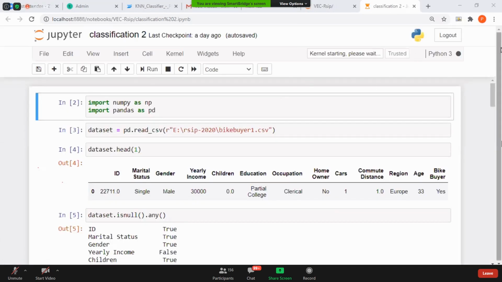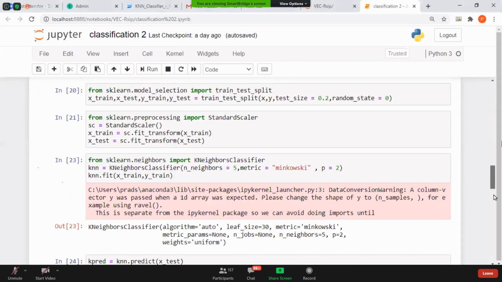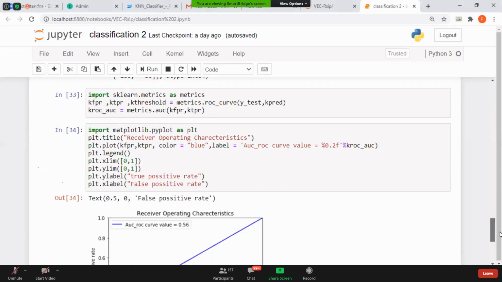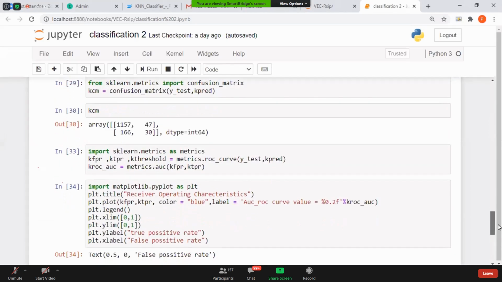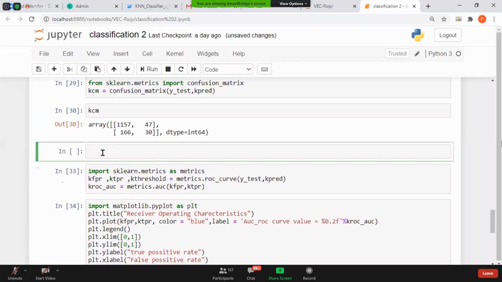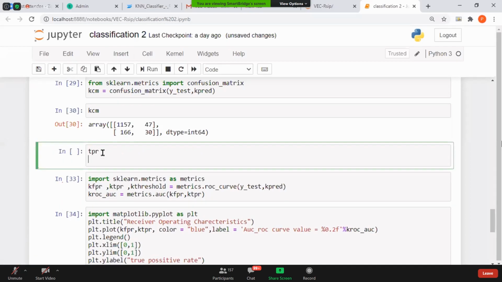Here we have calculated, let's consider this KNN, okay? Now I have these values, right? Now tell me the true positive rate and false positive rate of KNN.